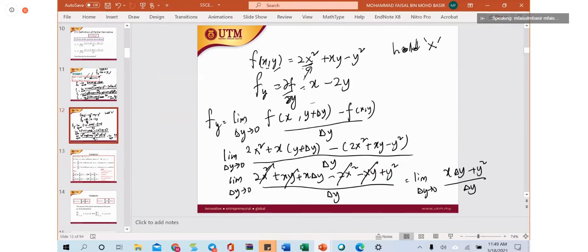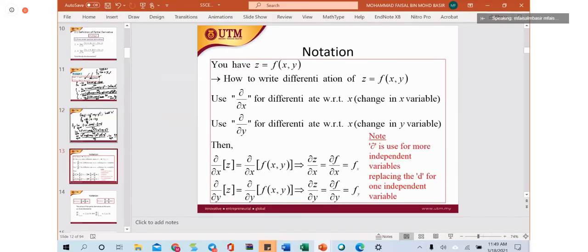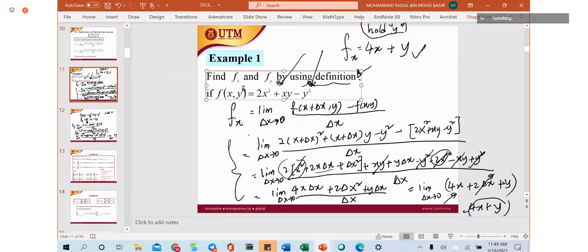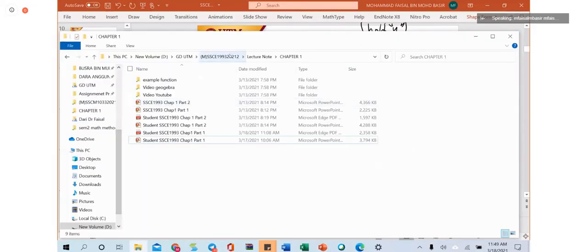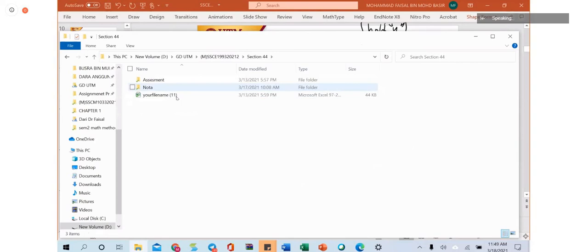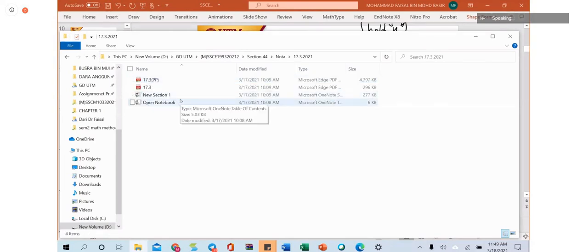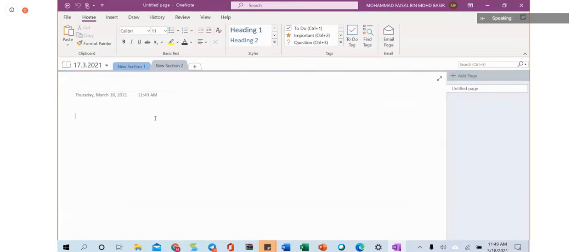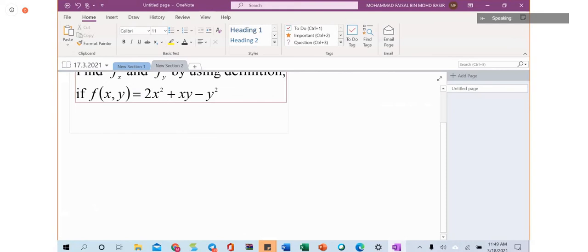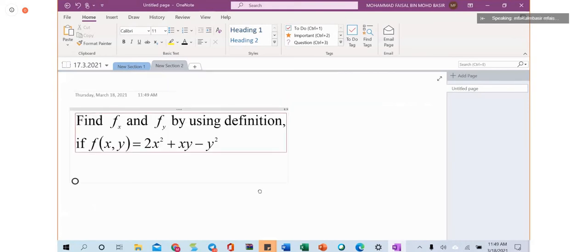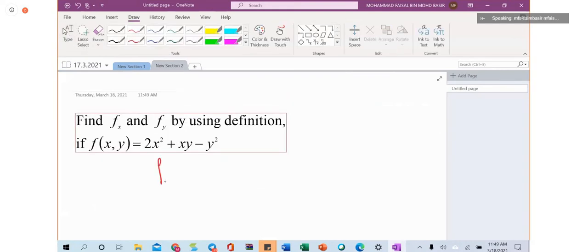You forgot to put y squared. Yes, so I left out minus y squared, right? Okay, I will do it again. See this. So you can see here fy. Okay, I do it again.